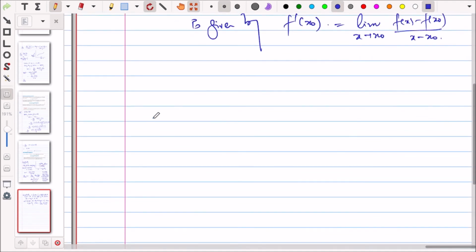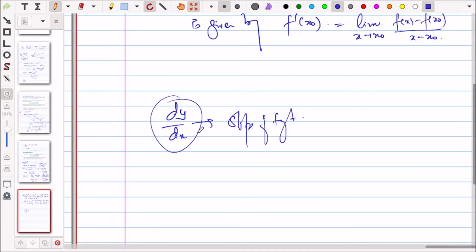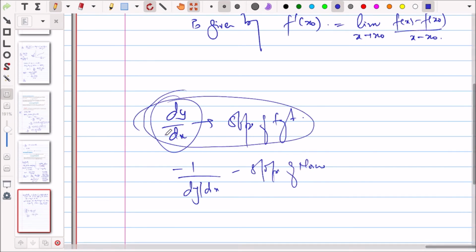ये पढ़ा भी होगा ना, किसी भी अगर हमें फंक्शन का स्लोप निकालना होता था तो हम dy by dx निकाल लेते थे. रिमेंबर? टेंजेंट एंड नॉर्मल्स में जो करते थे, dy by dx represents the slope of the tangent, right? Remember? And इसका वो 1 by minus 1 by dy by dx slope of normal, ये फॉर्मूला यूज करते थे ना. So this is the derivative of the function. ठीक है.